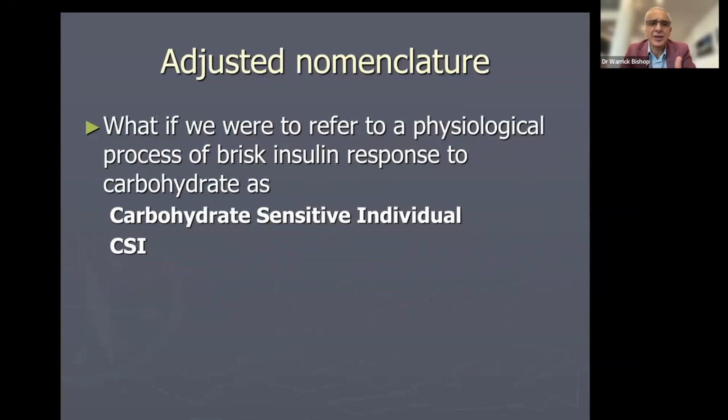If we were to adjust the nomenclature, perhaps, like my friend, we could look at giving a term to his metabolic status, his physiological process, and call him a brisk insulin responder or a carbohydrate sensitive individual.